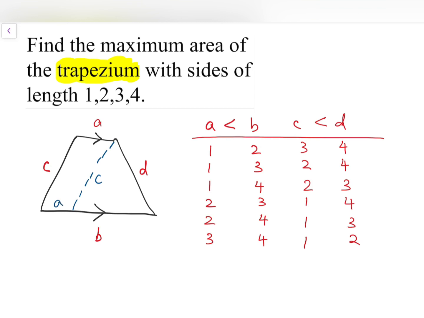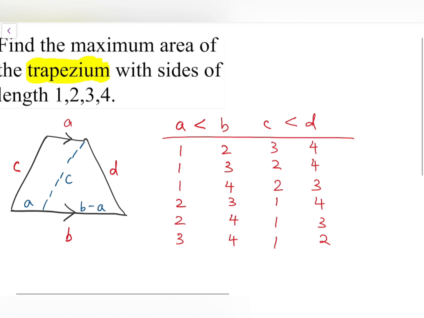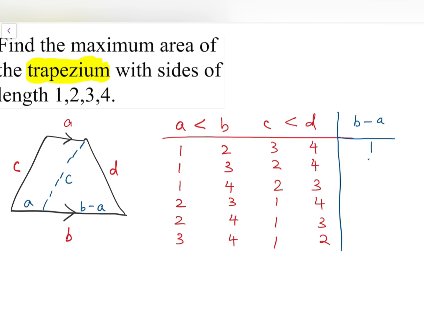And the third side of the new small triangle will be B minus A. So let's see what the values of B minus A are for the respective cases. For B minus A, it can be 1, 2, 3 for these three cases, and then 1, 2, 1 again.